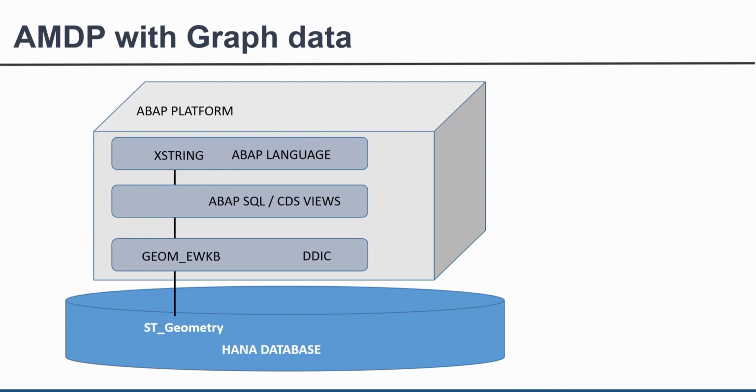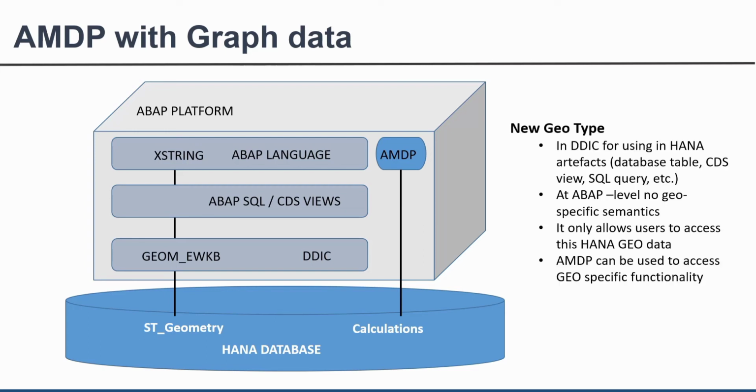However, if you want to convert this into HANA data types, then you have to use AMDP for the same. So here you can see that this new geo data type GEOM_EWKB has been introduced, which can be used in the data dictionary and through CDS views and ABAP SQL.